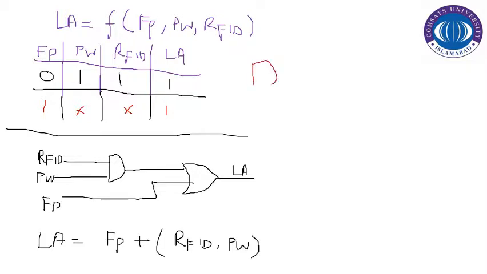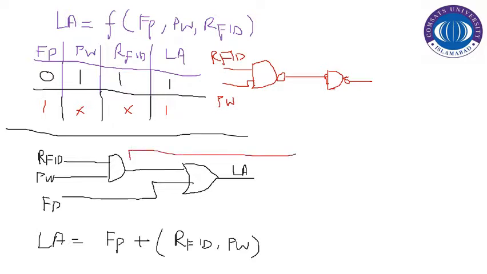Let us assume that this is our first NAND gate with the inputs RFID and password. So we have to convert it into an AND operation, then we have to use a NOT gate here after the NAND gate. So here basically this AND gate is replicated.